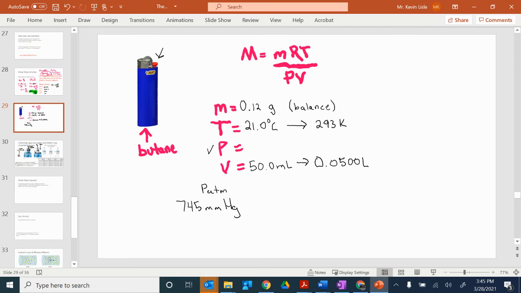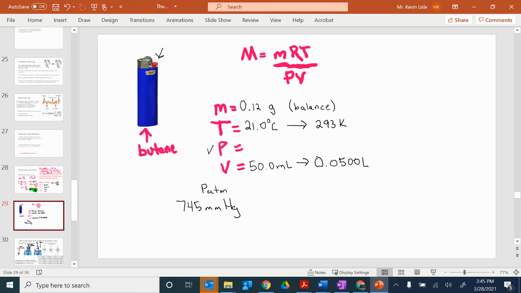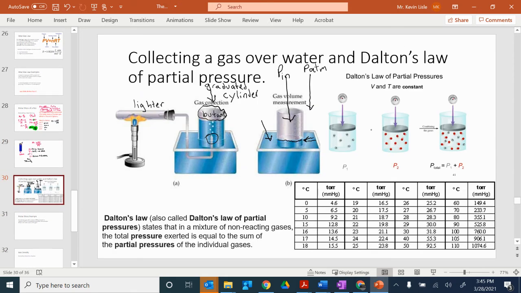Well, there's another issue that poses a problem to us. We collected in the experiment butane gas, right? So we know we have a lot of butane gas that is inside of this tube. But there's something else in there that you may not be aware of, and it's not air. There's also what we call water vapor inside of the tube.